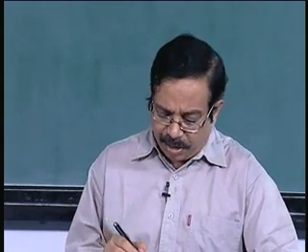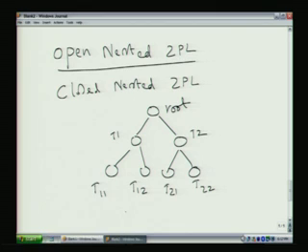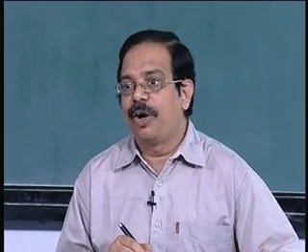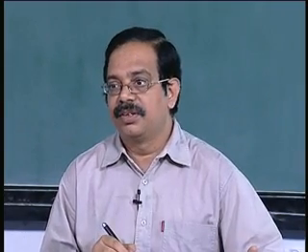Now, it is possible for only the child nodes to acquire the locks in terms of operating on the data items. That means T1 will never do anything except saying that there are T11 and T12 which access or modify the data items.